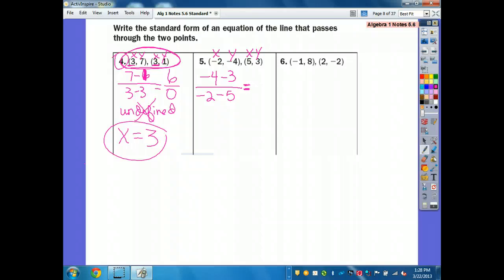What do you get for your slope? 1. All right, because this ends up being negative 7 over negative 7, which equals 1. That's my m. So now I've done step number 1.